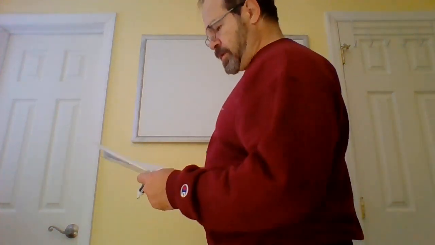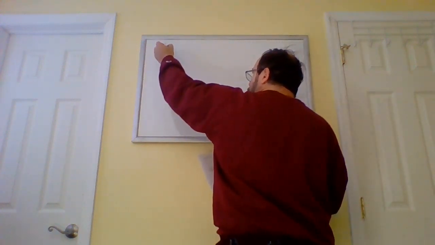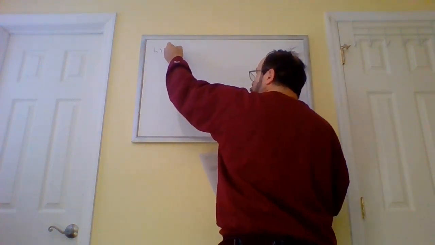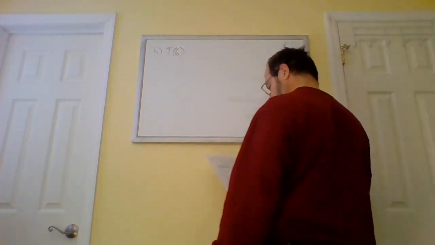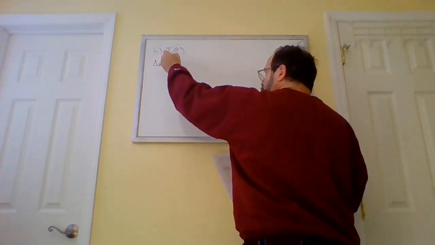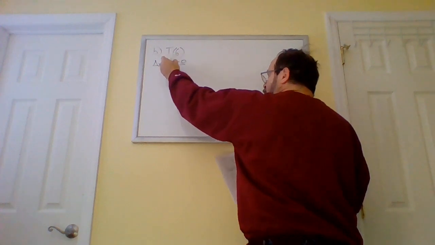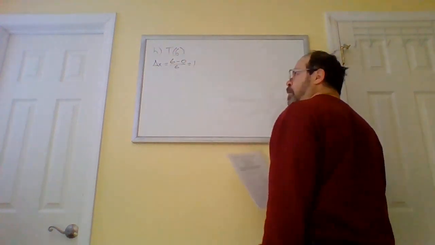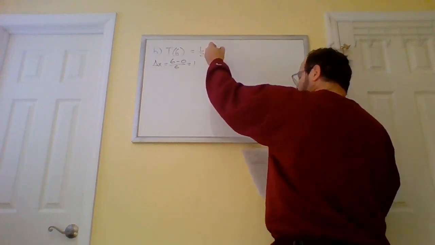Okay? So, part B, we're going to say trapezoidal rule, six trapezoids, n is 6. Delta x, we're just going to keep this simple: B minus A over n is going to be 1. Then we're going to go 1/2 delta x.